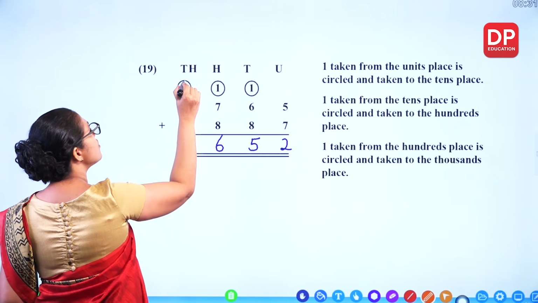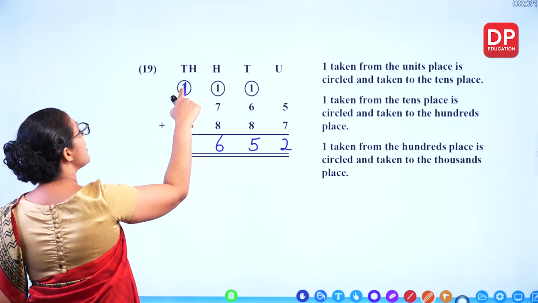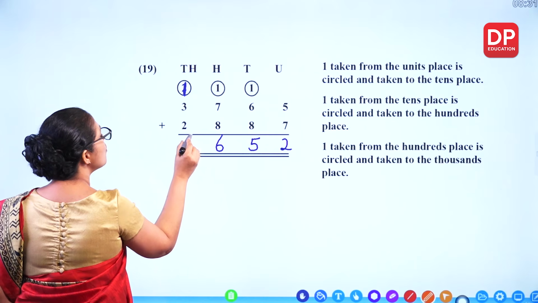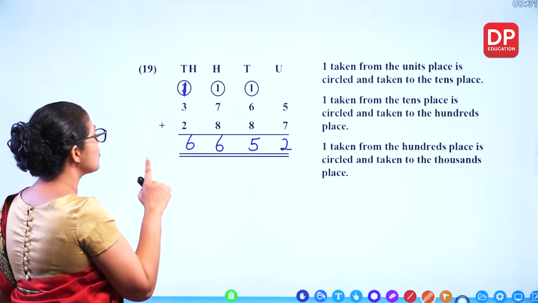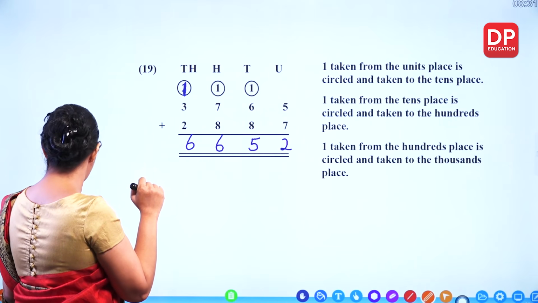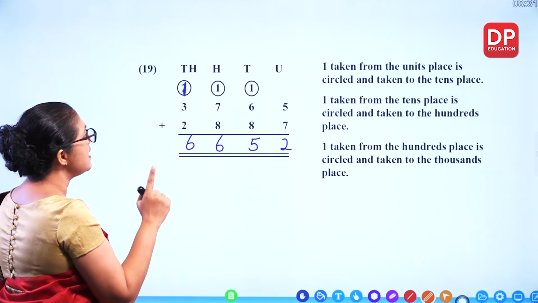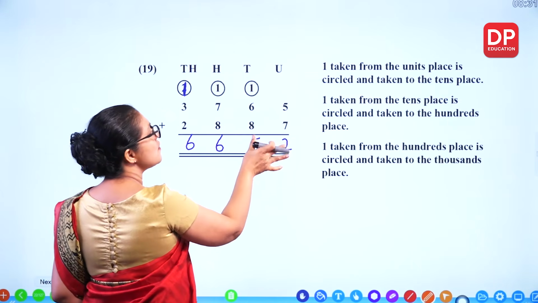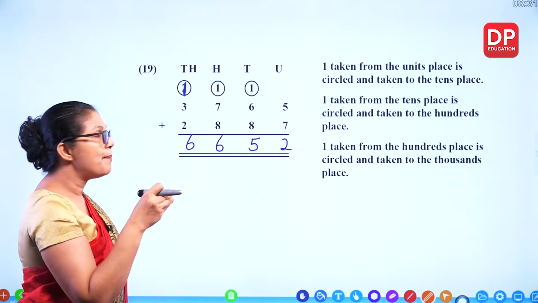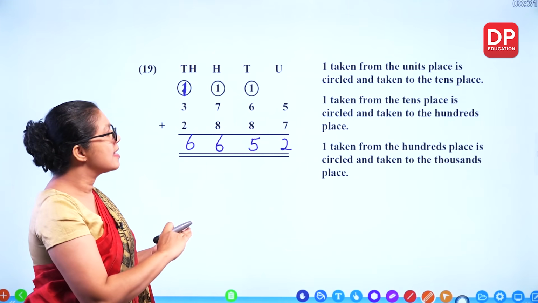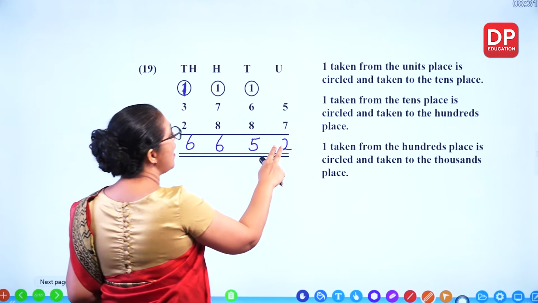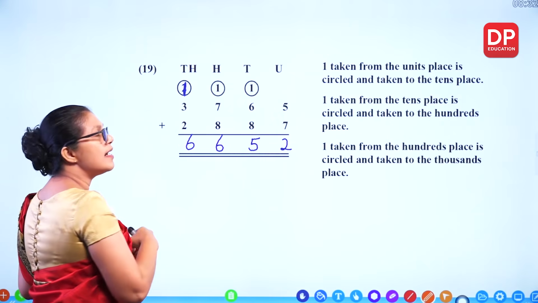You take 1 to this side. Then 3 plus 1, 4. 4 plus 2, 6. 6652. We'll check it. 6652. So you can easily do this way. You write in a column and add it. When it's more than one digit, you take it to the next level.